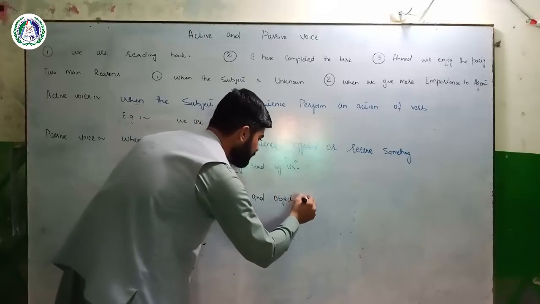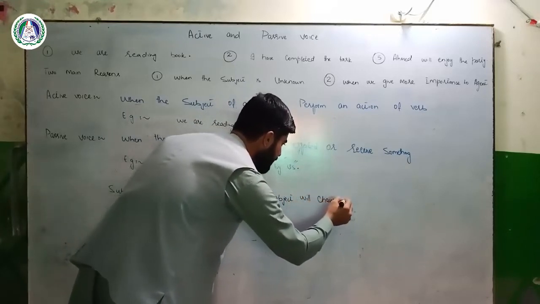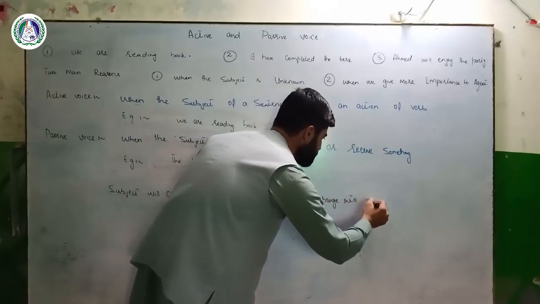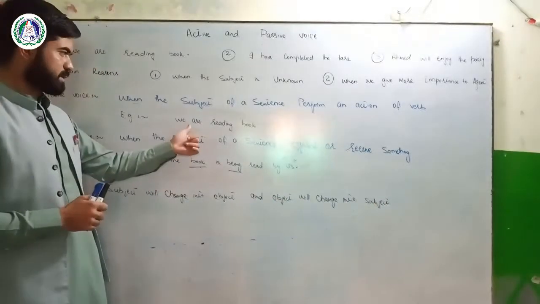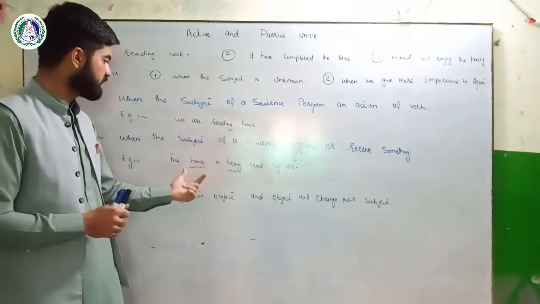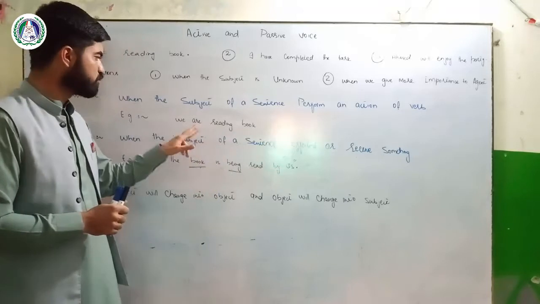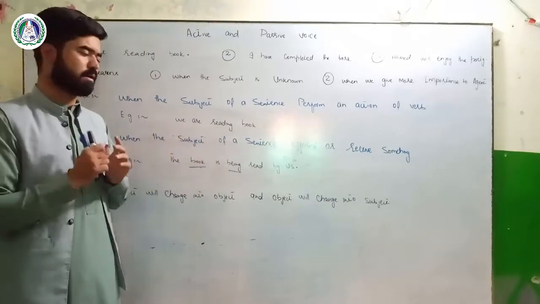So in the same sentence, we bring the object at the beginning of a sentence and the subject at the end of the sentence. This one is a clear example for us, like the book is being read by us, okay?